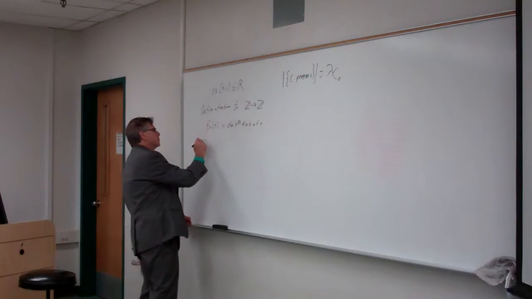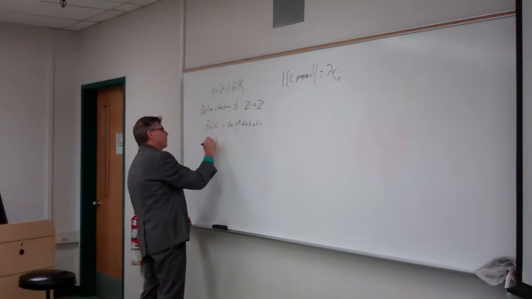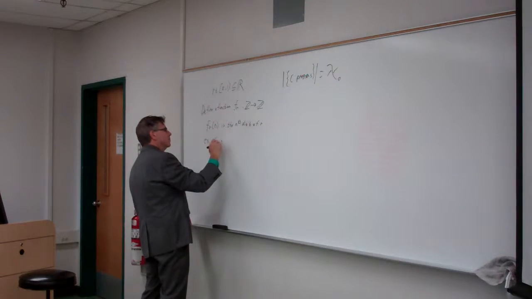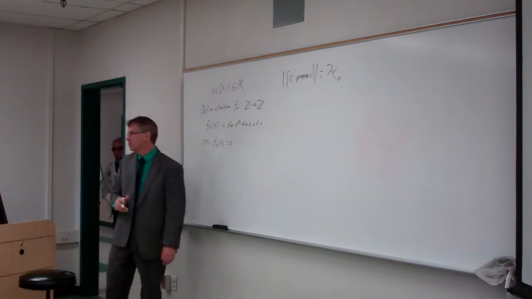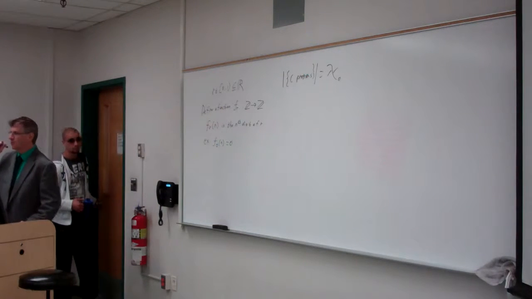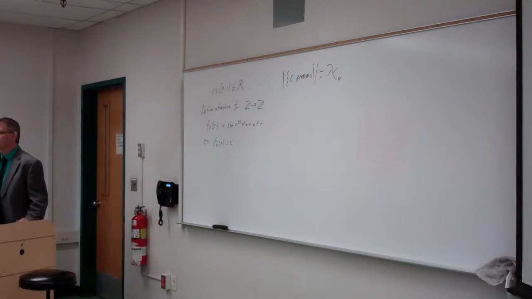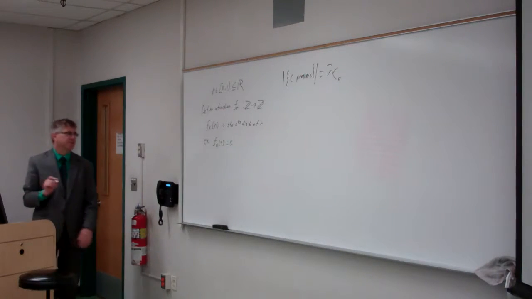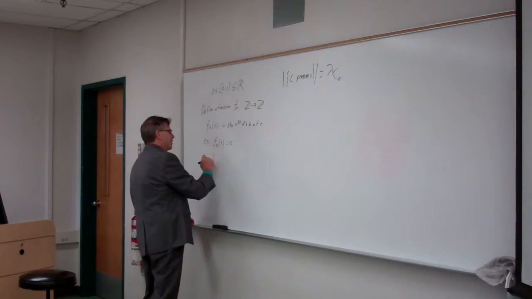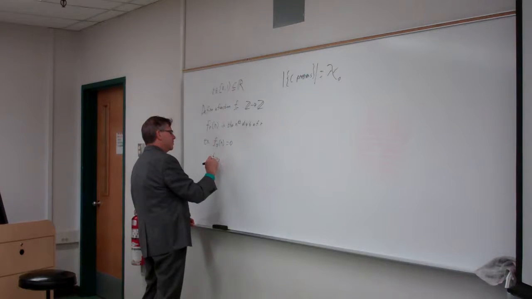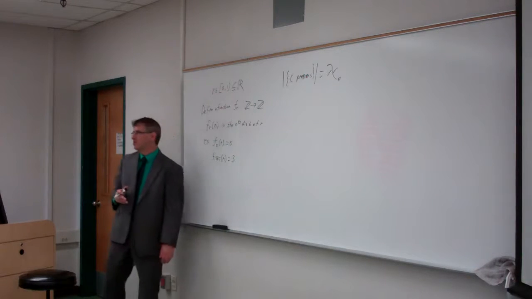So for example, f_0 of n is always 0. 0.00000, all the digits are 0. So for any n, it's going to return a 0. f of .333, repeating forever, is going to return 3.